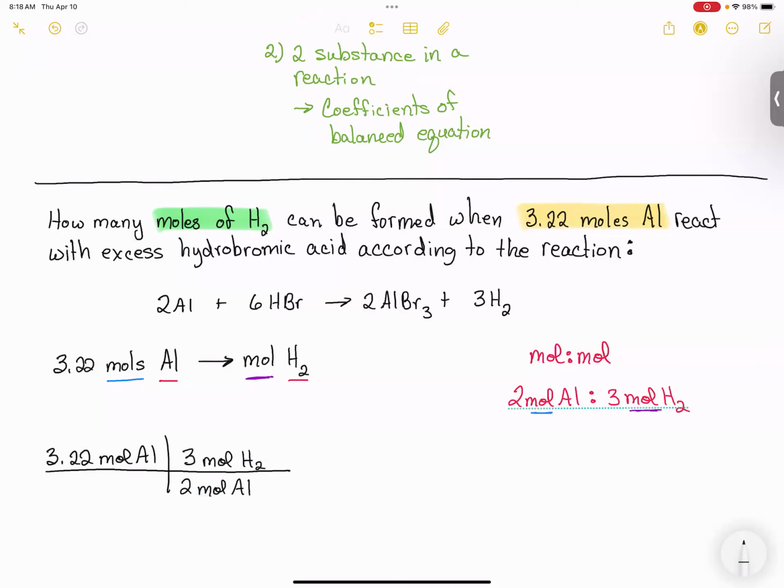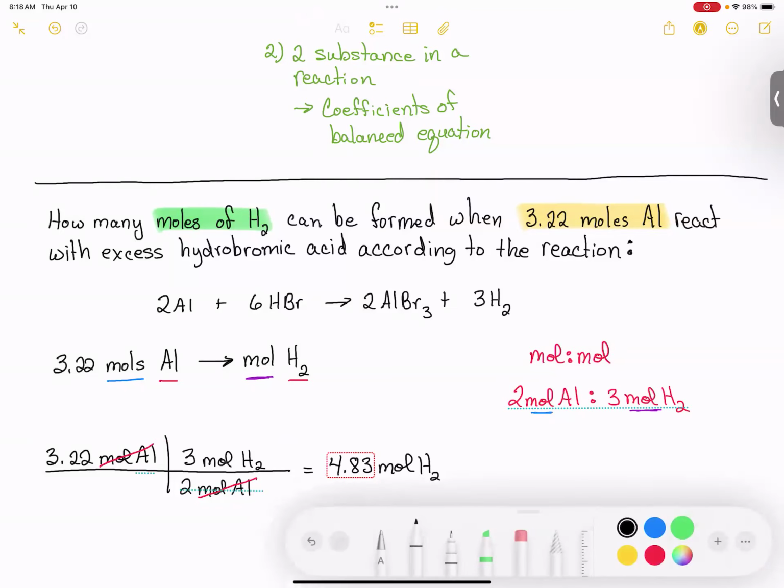The reason is because the unit and the substance must cancel out, leaving moles of hydrogen. Since that is what I wanted to solve for, I'm ready to key it into the calculator, and I get an answer of 4.83 moles of hydrogen.